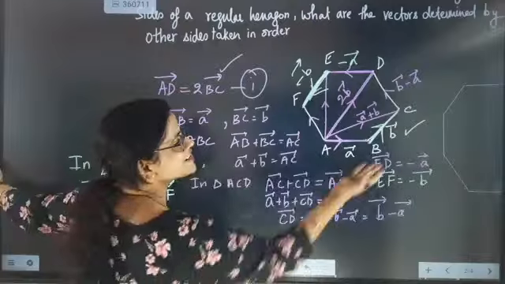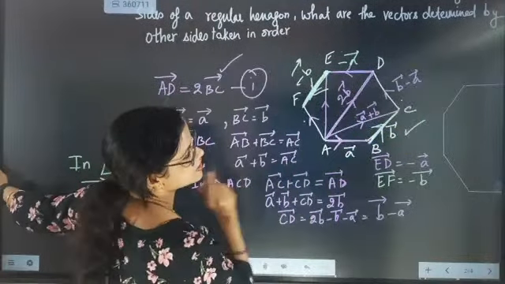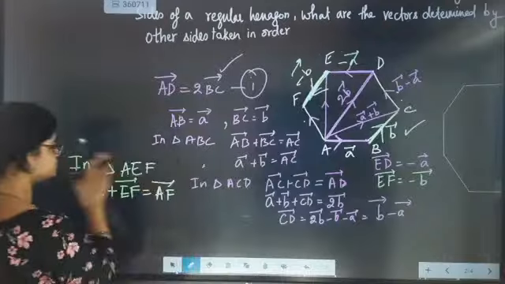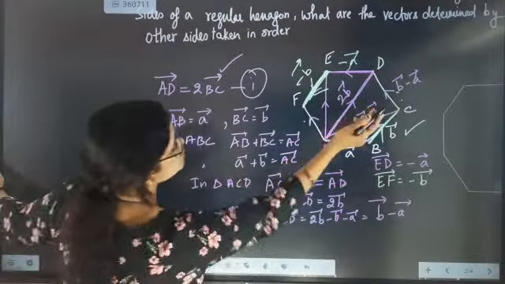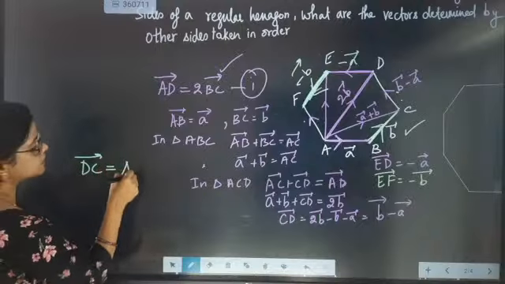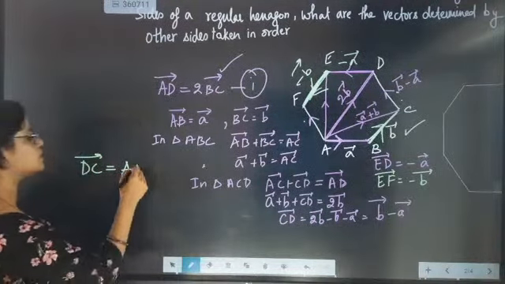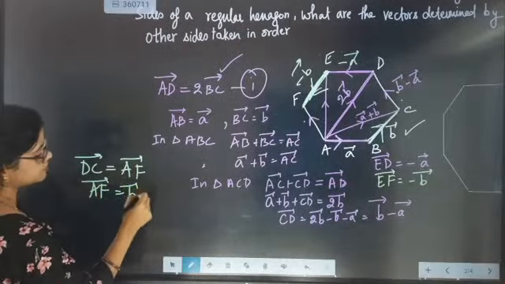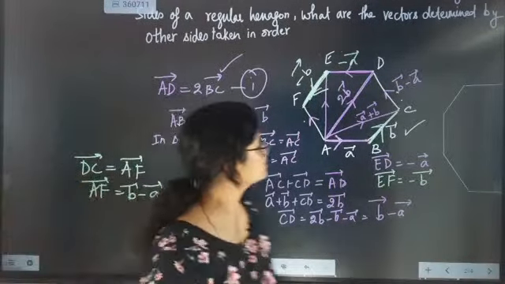Better than that, we can say this one is parallel to this one and the arrows are the same. So DC vector will be equal to AF vector. So AF vector will also be equal to B vector minus A vector. Story over. Why waste this much time?